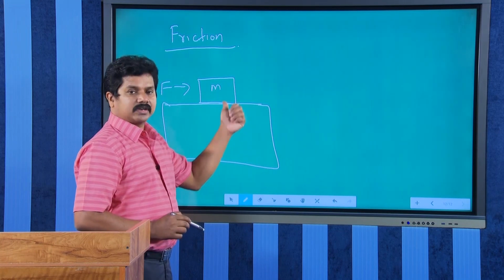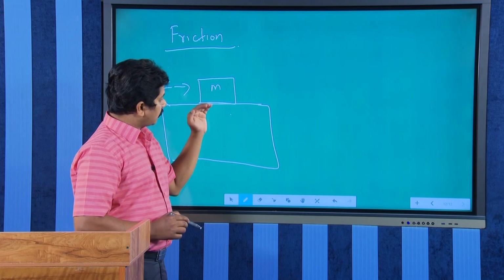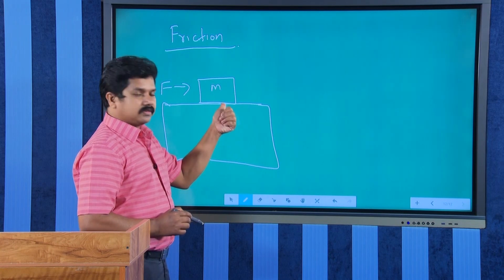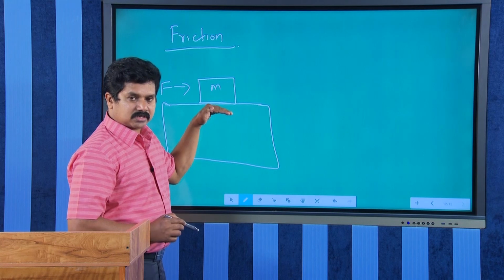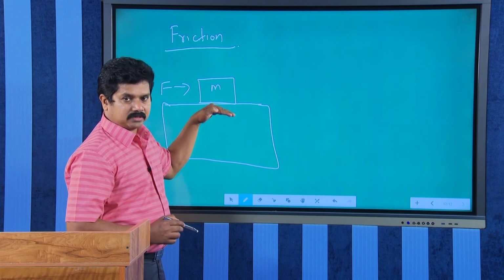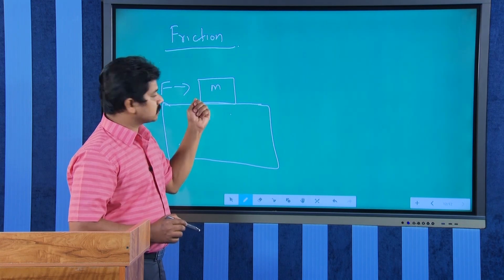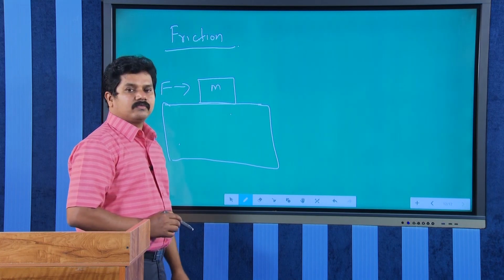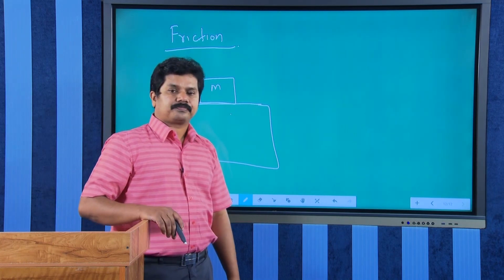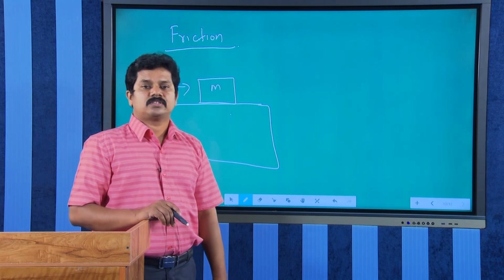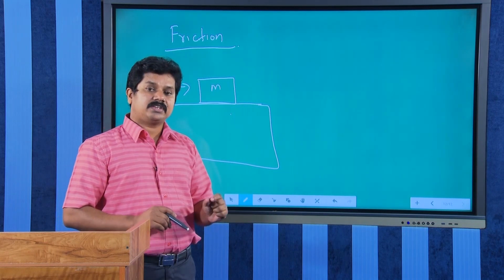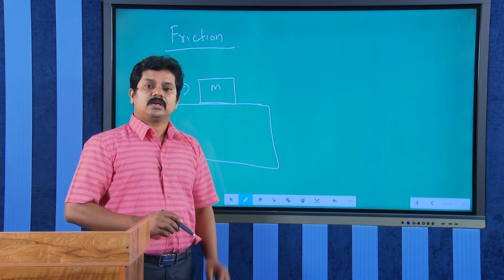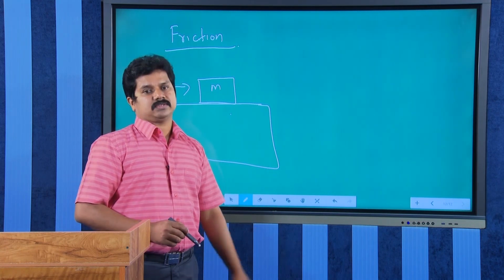The surface opposes the relative motion. That force is called what? Friction. Friction is a force which opposes the relative motion between two surfaces.